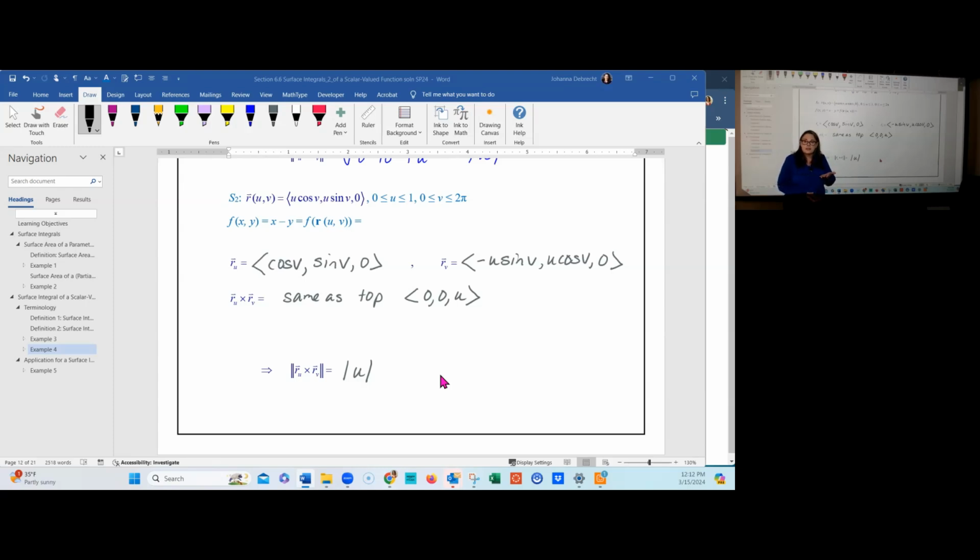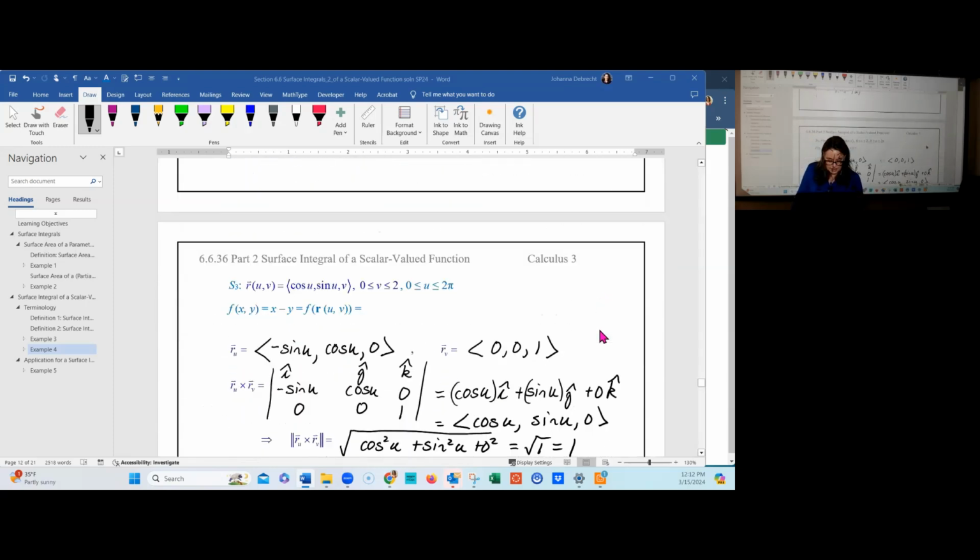Since it's the same surface, it makes sense that we're going to get the same normal vector, which is 0, 0, u, and the magnitude will be the absolute value of u. When we substitute this into the integral, we're going to get exactly the same thing as we get for the top. So basically, the top and the bottom are two surfaces that are identical, just in different locations.